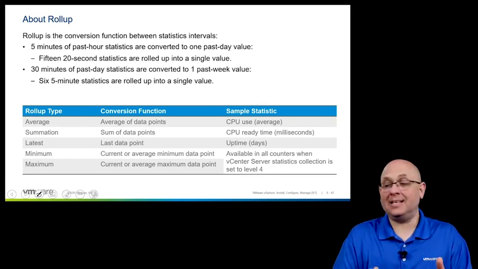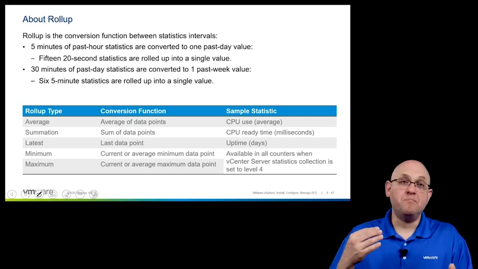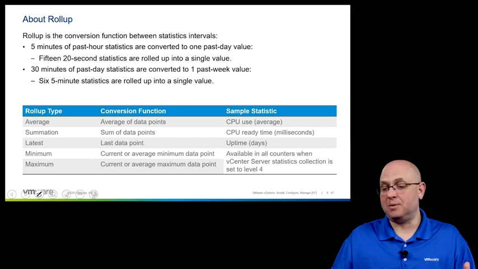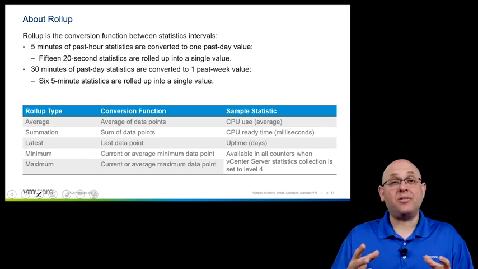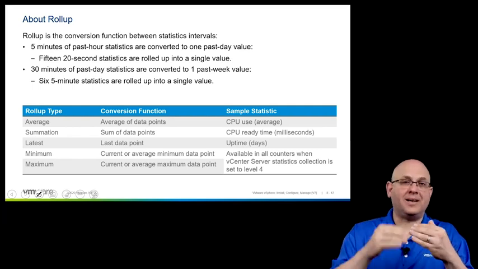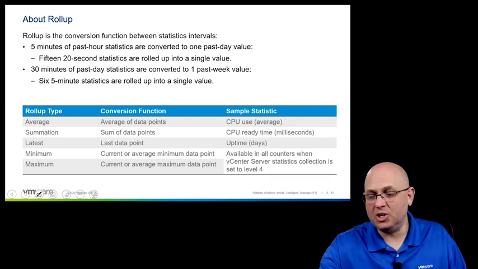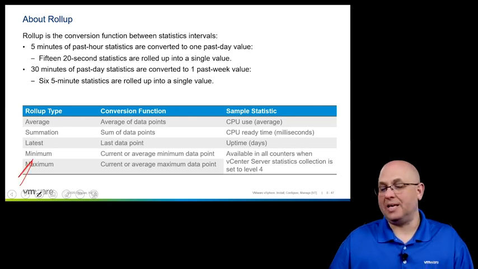Is it just the latest data point, like uptime would be? Is it a minimum over that interval, a maximum amount over that interval? Okay? So we do a little math as we transform from real time to past day to past week, month, and year. And this tells you what the math actually is. So that gives us an idea as how to build those performance charts.